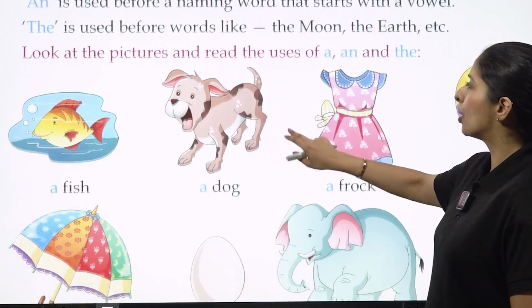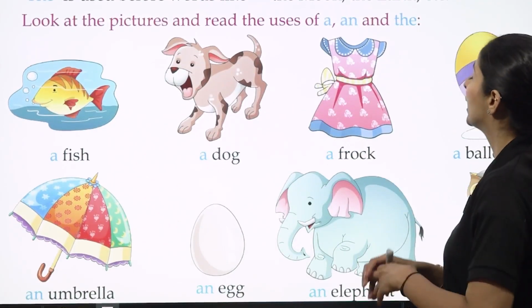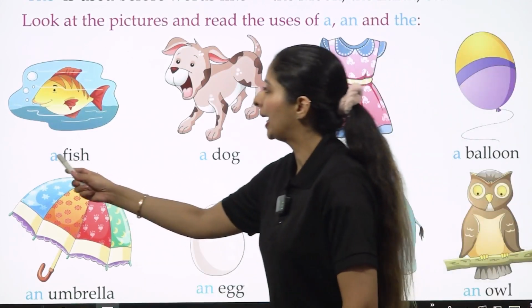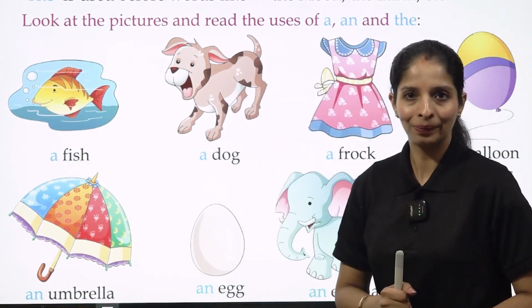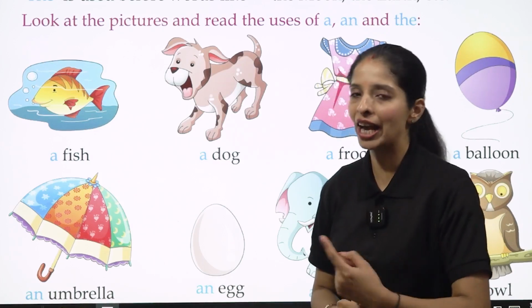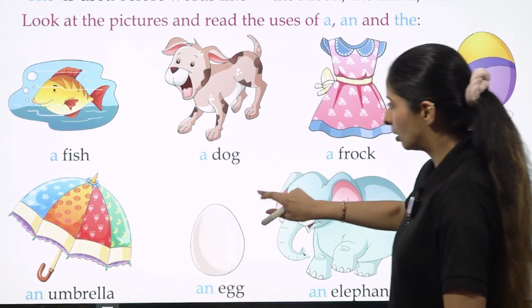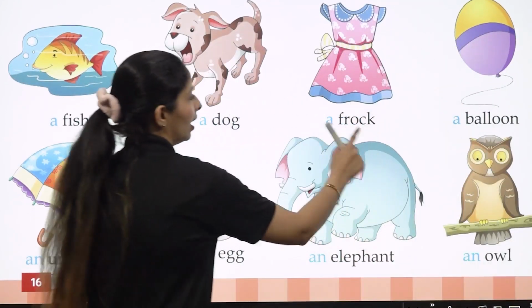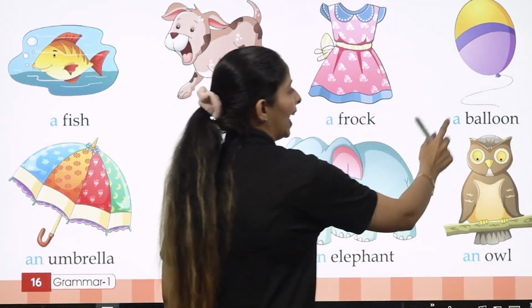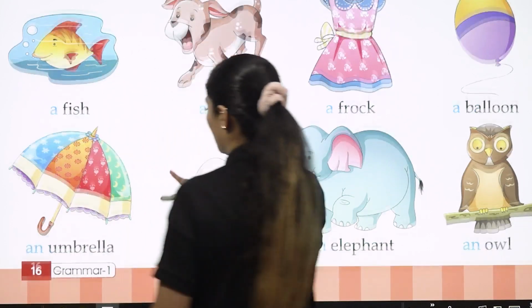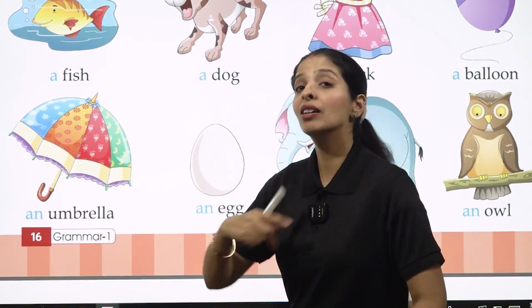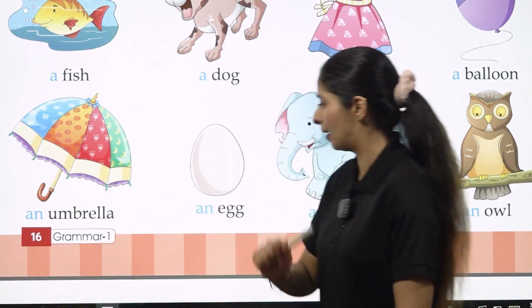Now, look at the pictures and read the uses of A, AN and THE. A fish, F is a consonant, so a fish. A dog. A frog. A balloon. Now, U is a vowel, an umbrella.